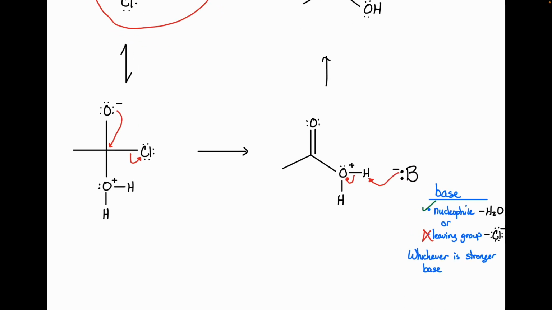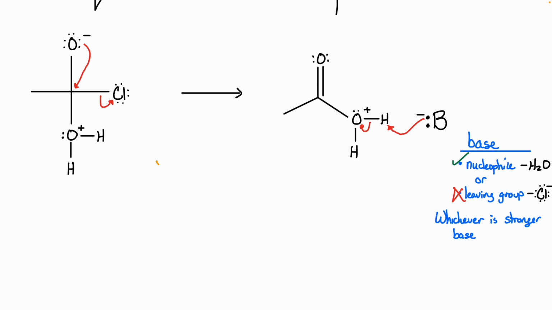Last thing that I'm going to note here about this mechanism is that these two steps here are interchangeable. It wouldn't have mattered if you deprotonated this oxygen first before you had your tetrahedral intermediate collapse, or if you did your tetrahedral collapse first.